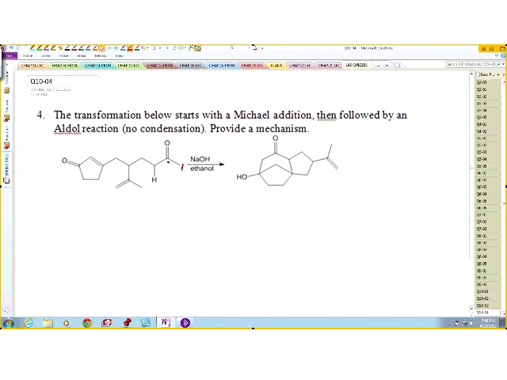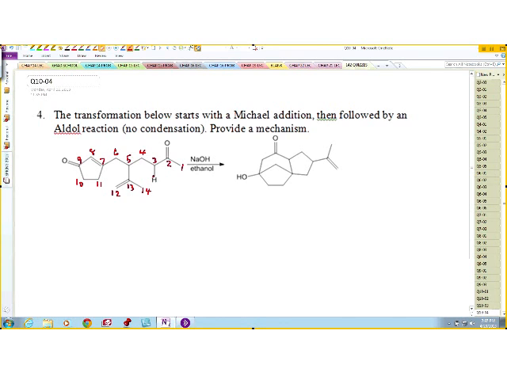Okay, let us say this is carbon 1, carbon 2, carbon 3, carbon 4, carbon 5, carbon 6, carbon 7, carbon 8, carbon 9, 10, 11, 12, 13, and carbon 14. Okay?